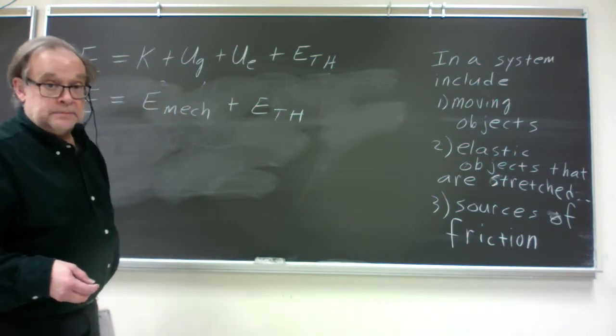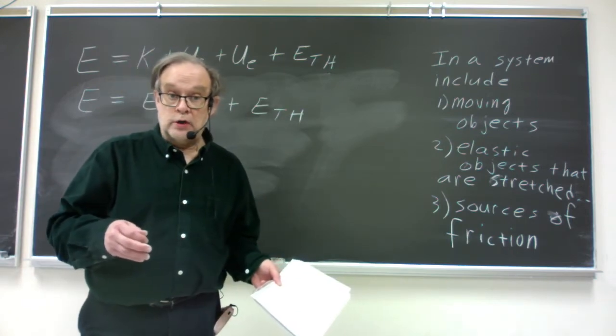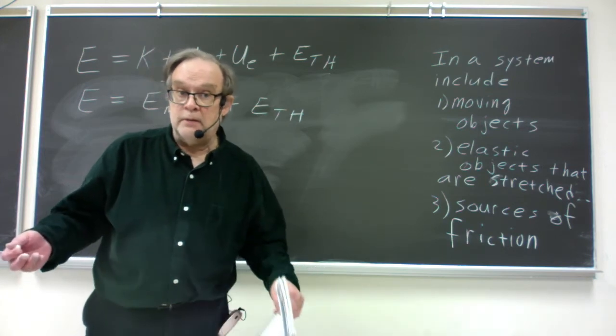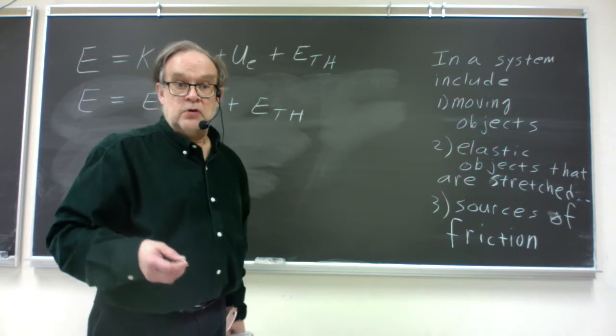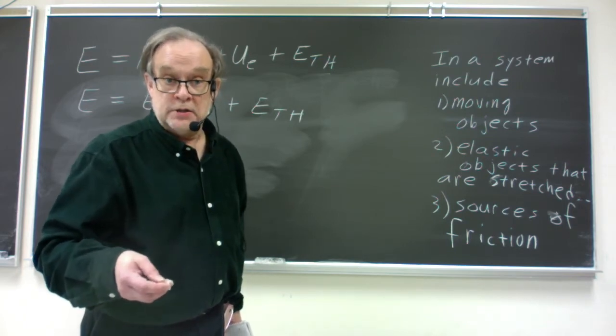And the numerical value of the work tells you how much energy is gained or taken away from the object that is feeling that force, from the object that is having work done to it.